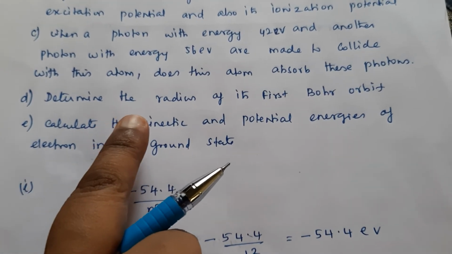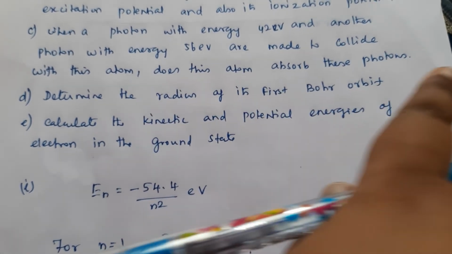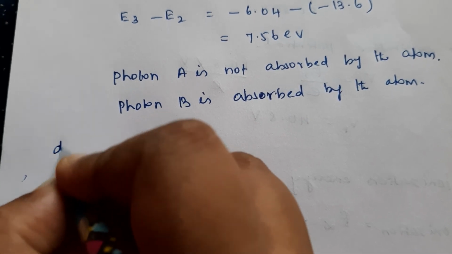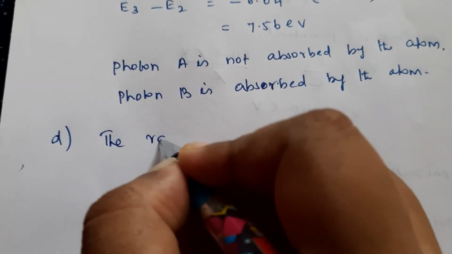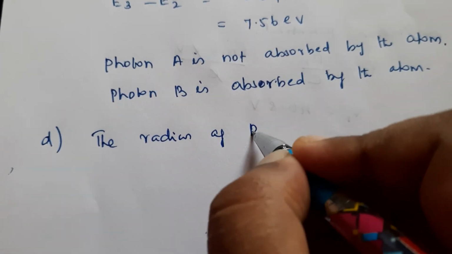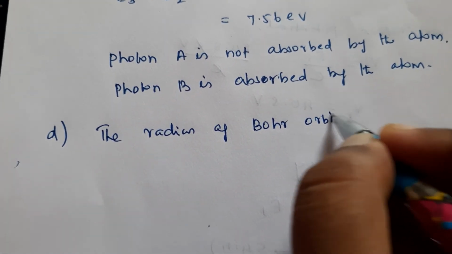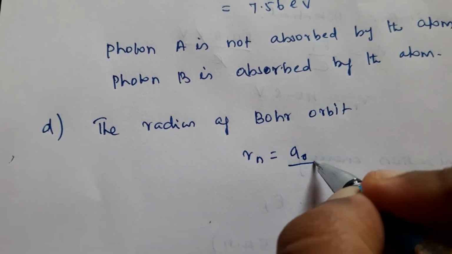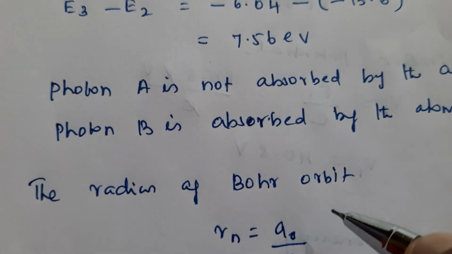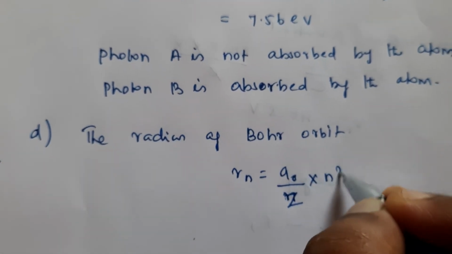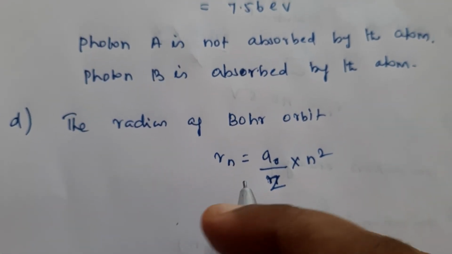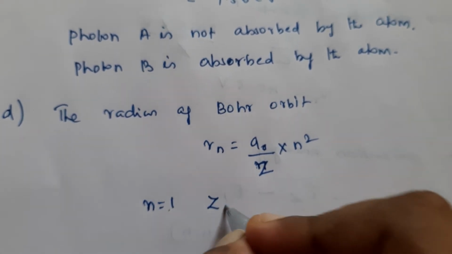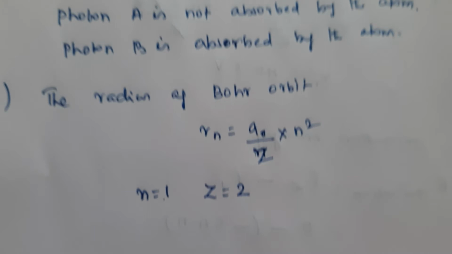Now coming to the fourth part of the question. Determine the radius of its first Bohr orbit. The radius of the Bohr orbit is given by the formula Rn is equal to A0 by Z into n square. Here n value is equal to 1, as we have to find the first orbit radius, and Z is the atomic number, already calculated as 2.